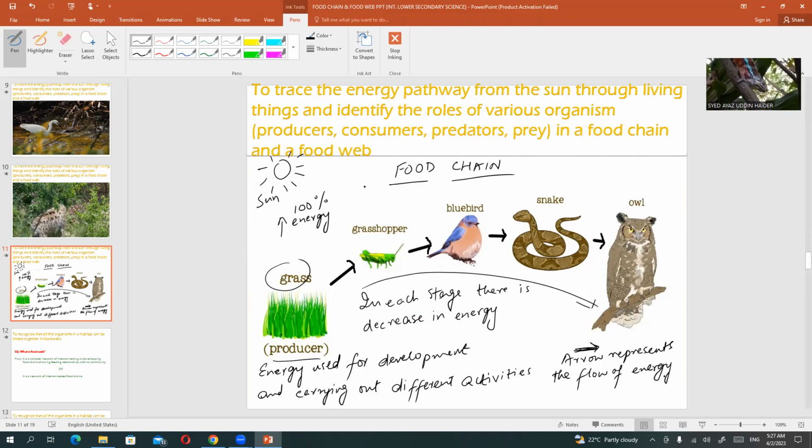Each organism in the food chain is known as a link. There will be five links in this food chain. Grass, number one. Grasshopper, number two. Bluebird, number three. Snake, number four. Owl, number five. So there will be five links in this food chain.